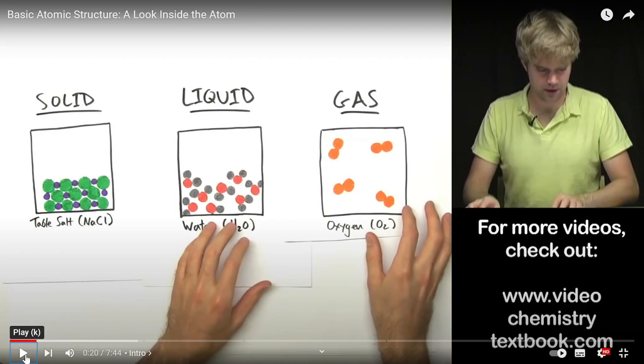Okay, so we got table salt. And you'll notice he's written a symbol here for it. It's capital N, little a, capital C, little l. So what does that tell you that table salt is made of? Tell your partner. See if you can remember what Na is and what Cl is.